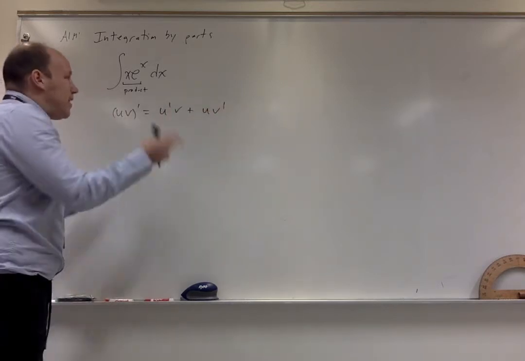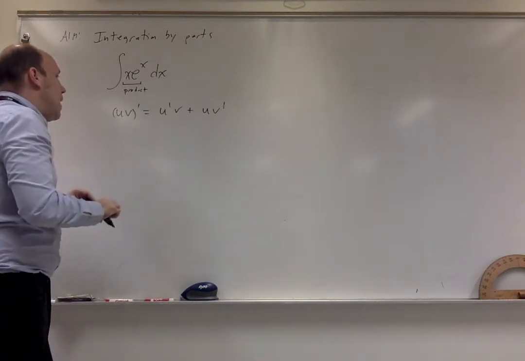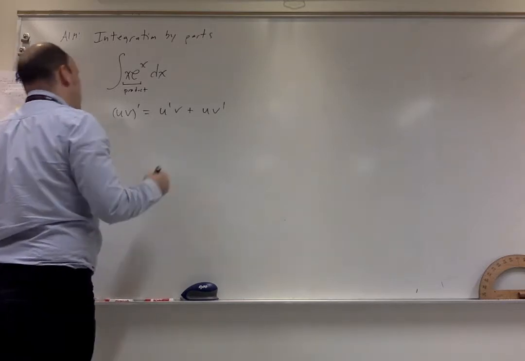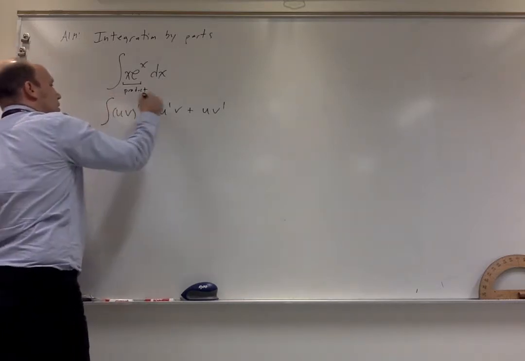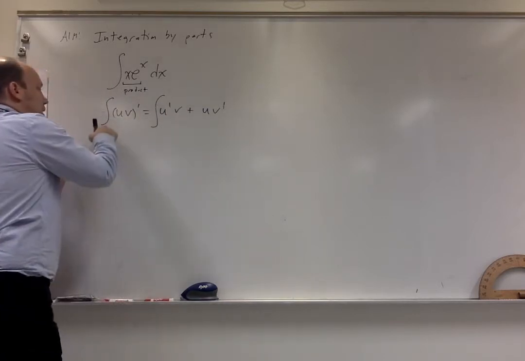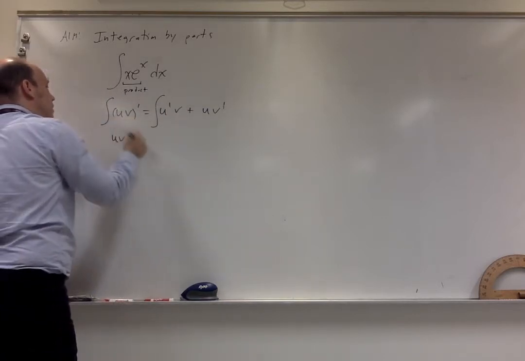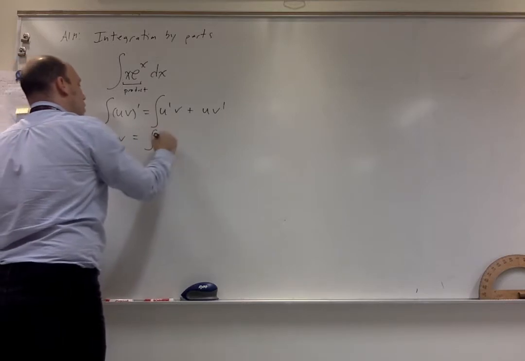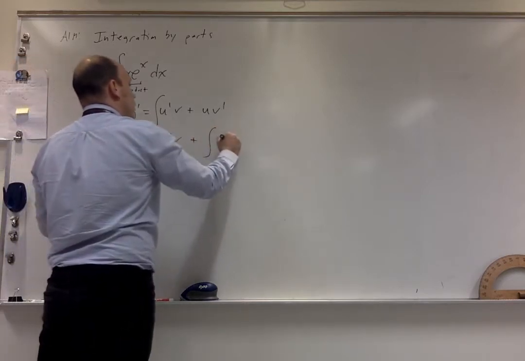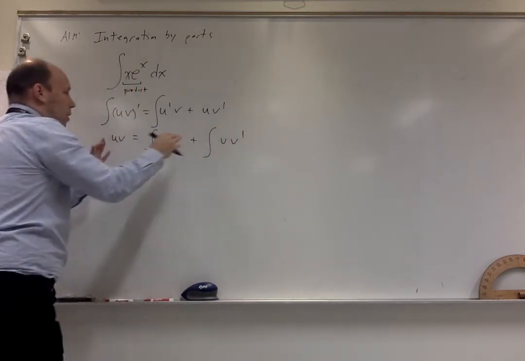Then the next thing they do when they derive the formula is they take the integral of both sides. So what's the integral of the derivative? It's uv, which equals the integral of u prime v plus the integral of u v prime. And that's where this comes from.